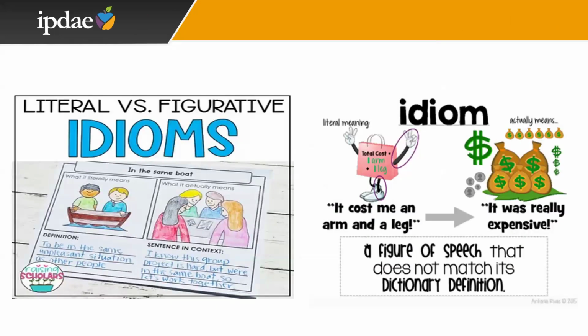So here's one way to make idioms or quotes fun and memorable with a drawing twist. Again, we're focusing on the visuals today. So here's why adding pictures works wonders for our English language learners. First of all, it engages all learners. They're writing and drawing, which activates visual skills and boosts understanding.